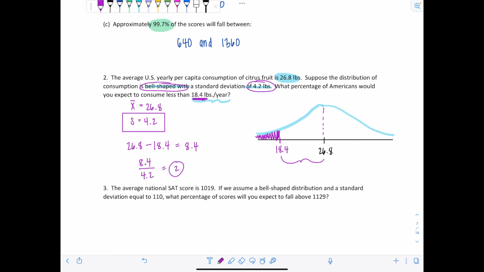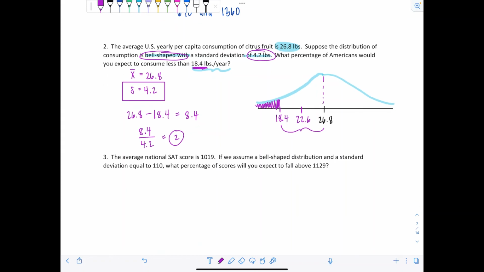So there's 2 standard deviations sitting in here. And you could just keep subtracting 4.2 if you wanted. So 26.8 minus 4.2, this is 22.6. And then subtract 4.2 again and you get 18.4. So there's 2 standard deviations sitting here.